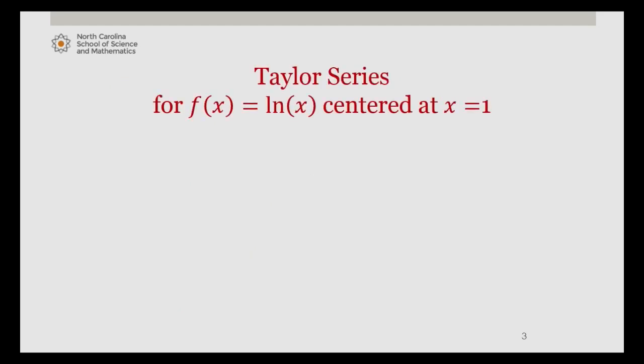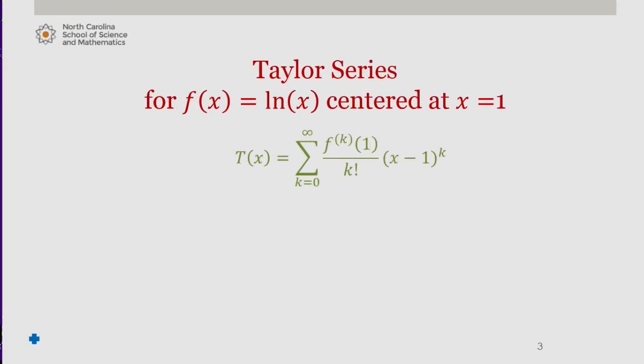So in generating this Taylor series for f of x being natural log of x centered at x equals 1, here's the general form evaluated at x equals 1. We generate a few terms.